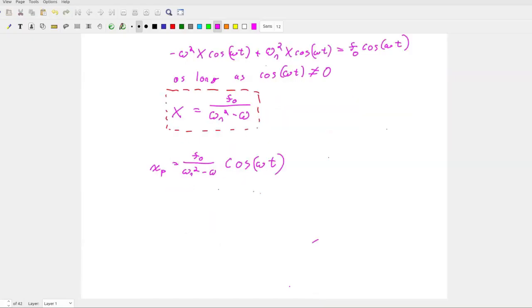And we can expand this back out to a total solution by just throwing back in our homogeneous solution, which we've been working with. So I can just have x of t is equal to A sine of omega n t plus phi, plus F naught over omega n squared minus omega squared, cosine of omega t.